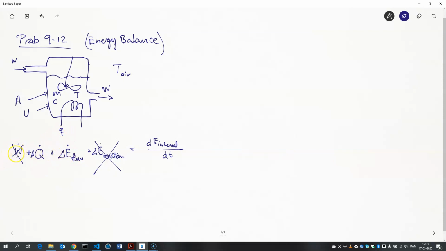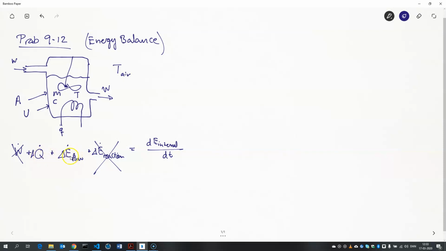So I think it's fair to neglect that work. Also, the volume work done by the system on the surroundings is negligible because even though it might expand a little bit, that's so little that it doesn't really matter. So we're left with this.